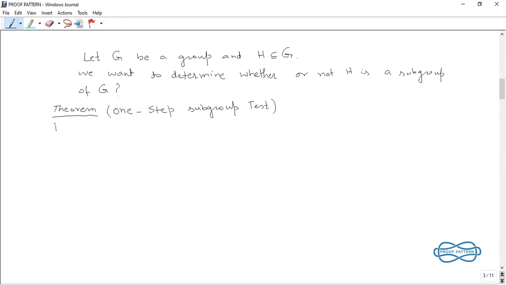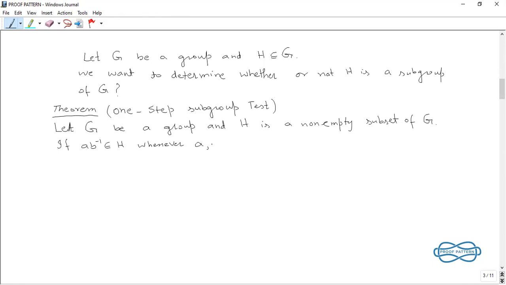The statement of the theorem is: let G be a group and H is a non-empty subset of G. If A B inverse belongs to H whenever the elements A and B belong to H, then H is a subgroup of G. We start the proof of this theorem.